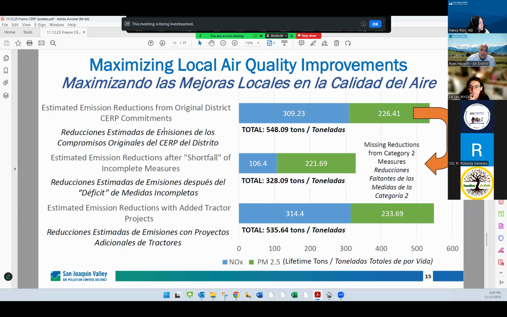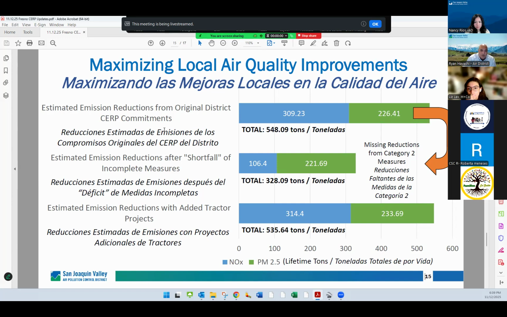This is not including the CARB measures, where we know there's going to be a significant emissions reduction shortfall from what was proposed by them in the South Central Emission Reduction Program, which is probably in excess of 1,000 tons.